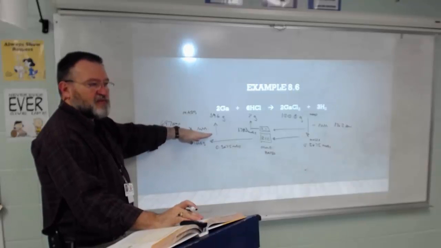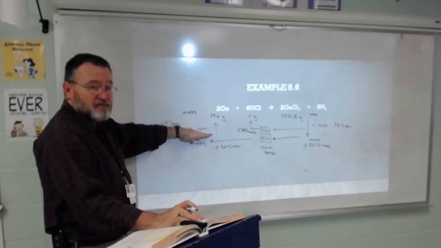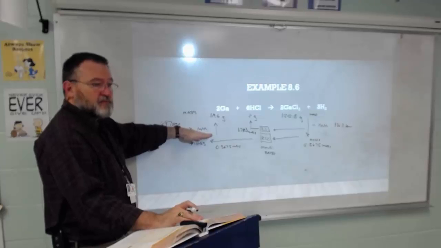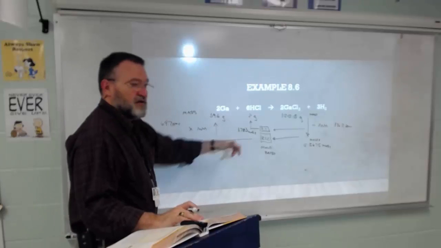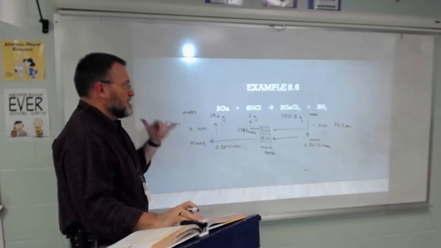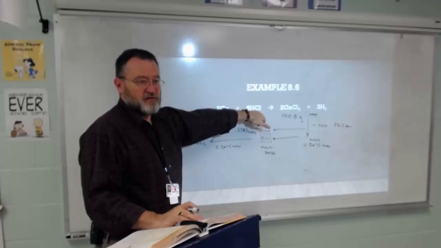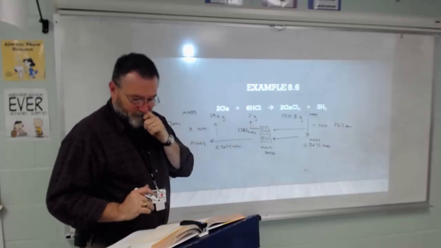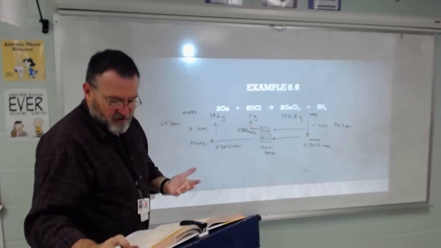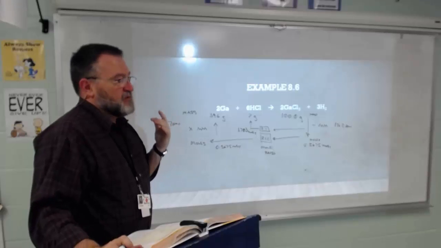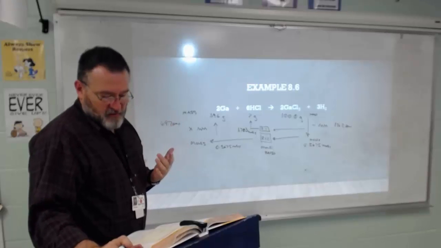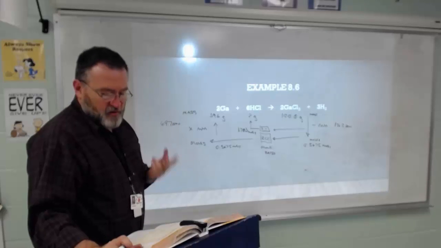And I multiply by the molar mass of what? What am I going to multiply this by? The molar mass of the molecule I'm solving for, the molar mass of hydrochloric acid. So for the molecular mass, we've got 1 hydrogen, 1 chlorine.